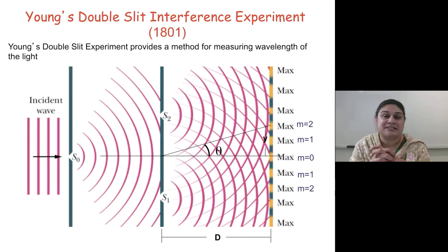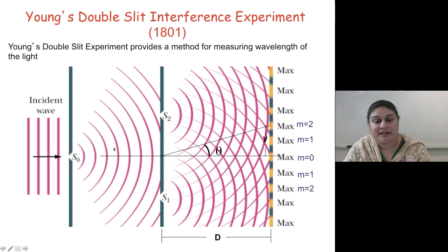Young's double slit interference experiment was a very good experiment for proving the wave nature of light. It was carried out in 1801, and what he did was have some incident waves hitting a beam screen 0.